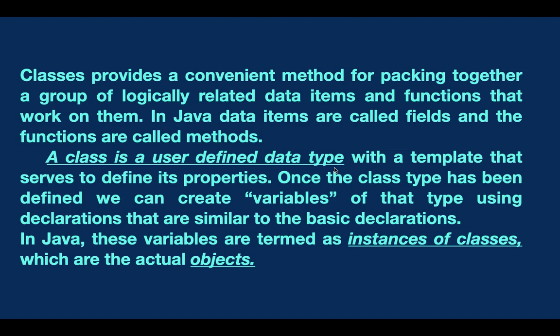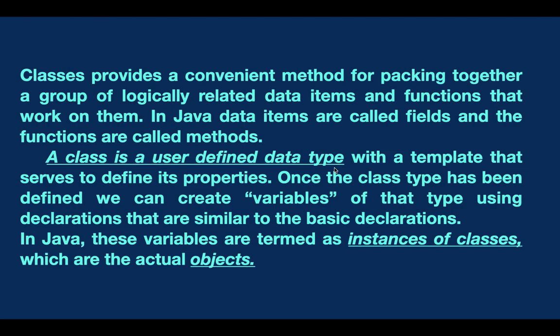Although there are predefined classes available in Java, normally for making any program we need to make a class, and later we can instantiate a class to create an object. That is why a class is called a user defined data type. We will talk about instantiation of a class a bit later in this video.